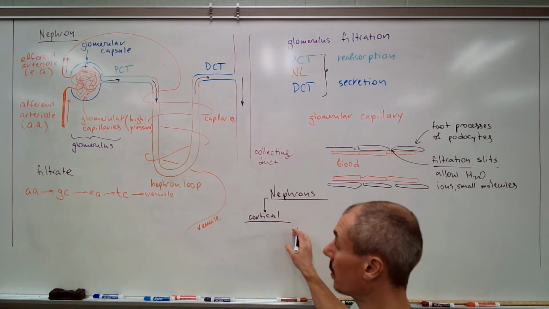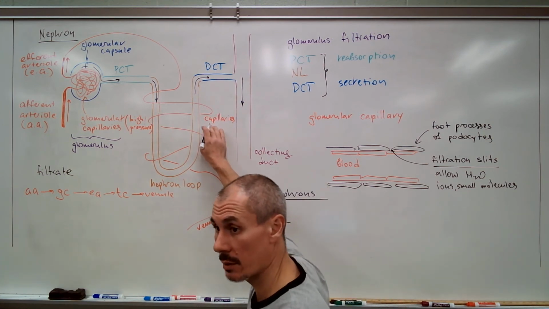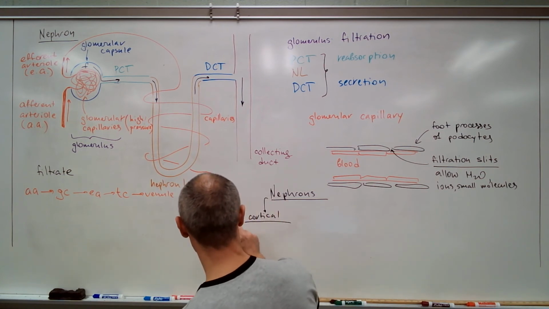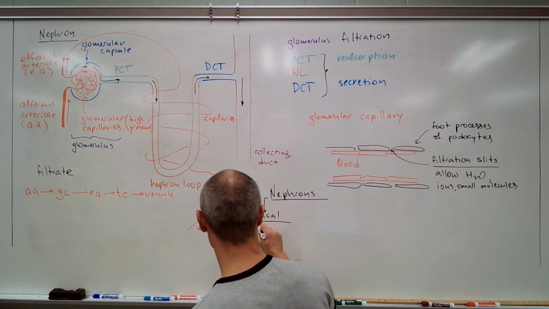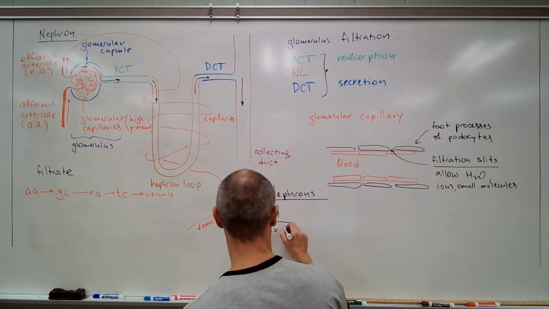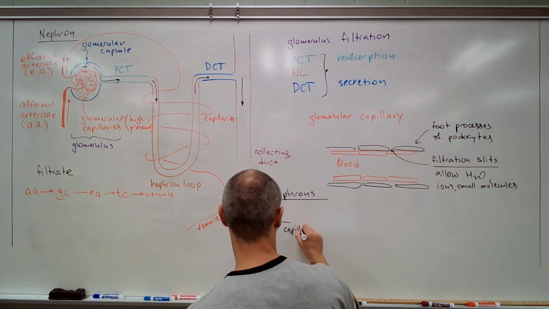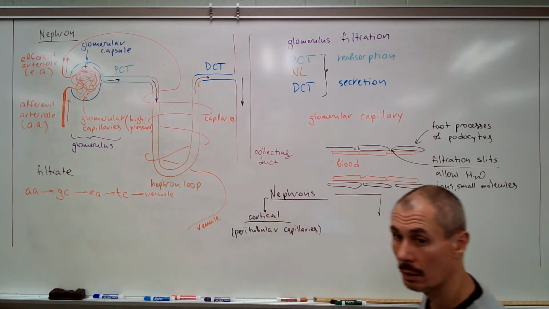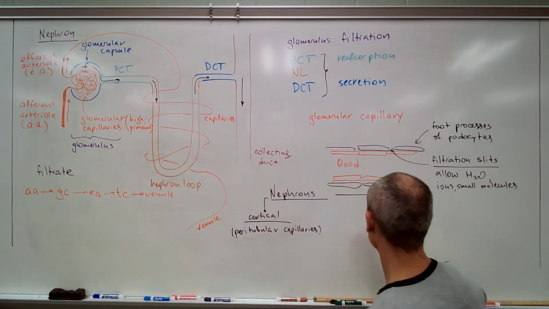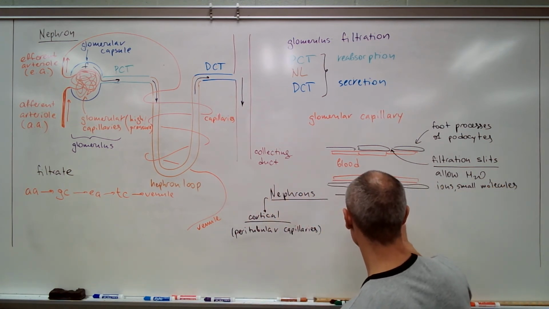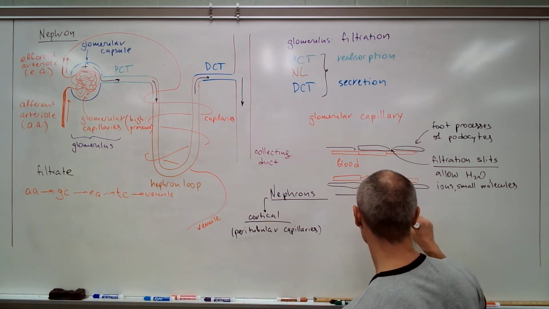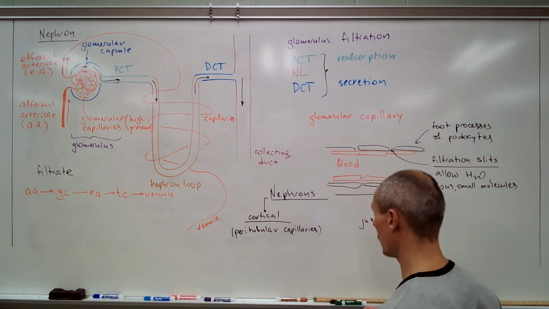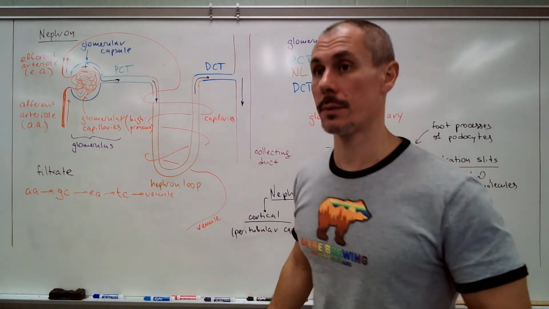In the case of cortical nephrons, these capillaries are called peritubular capillaries. Or nephrons can be juxtamedullary. So basically, look at this.